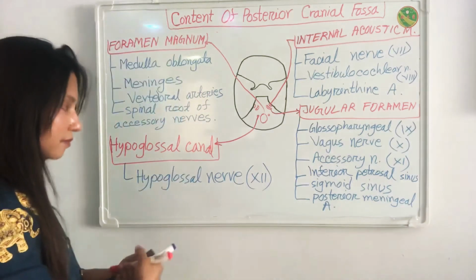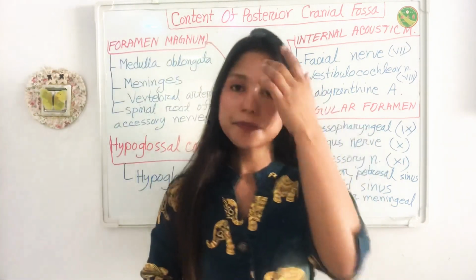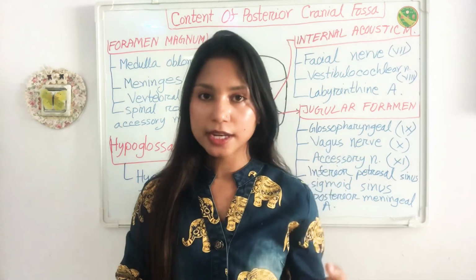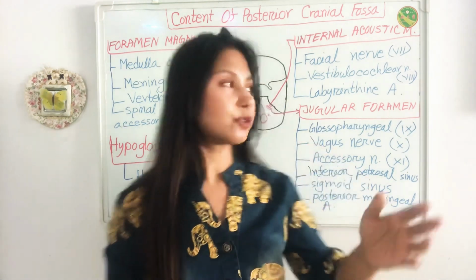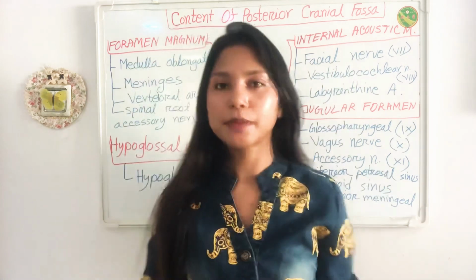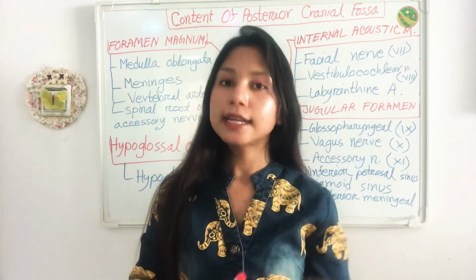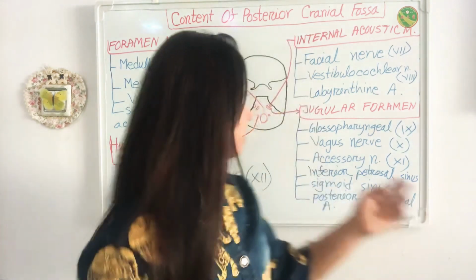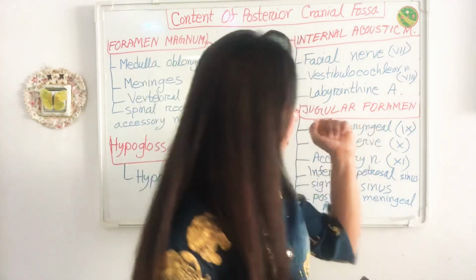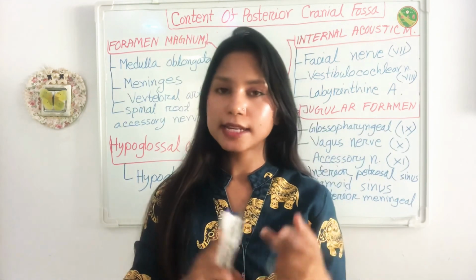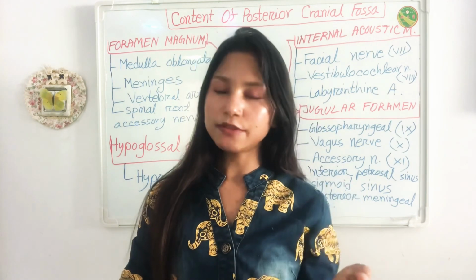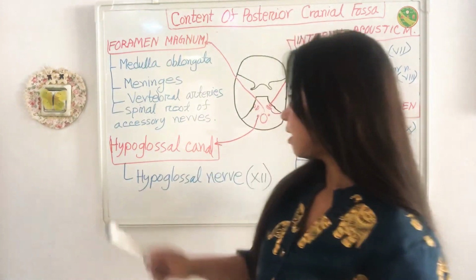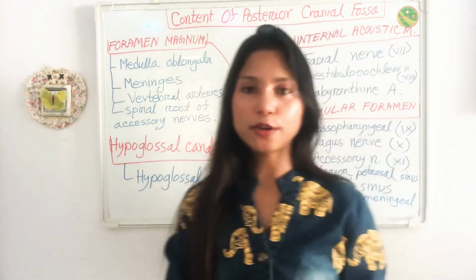So we can see the 7th and 8th cranial nerves pass through the internal acoustic meatus, then the 9th, 10th and 11th cranial nerves pass through the jugular foramen, then the 12th, the last one, the hypoglossal nerve, passes through the hypoglossal canal.